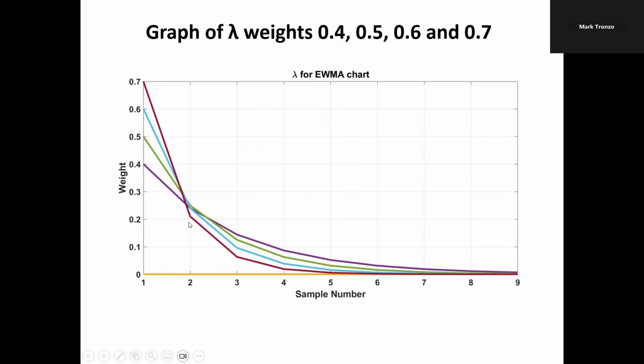The one before that is 0.21, I'd say, or 0.205. But notice the one before that drops all the way down to 0.06. The one before that drops all the way down to 0.02. So the larger the lambda is, the more dramatically the previous samples drop in their influence on our current point.